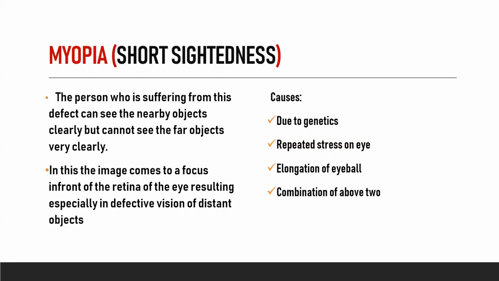In this case the image comes to focus in front of the retina, resulting in defective vision of distant objects. The rays coming from far away meet before the retina and the image forms there. I'll show you the ray diagrams also.